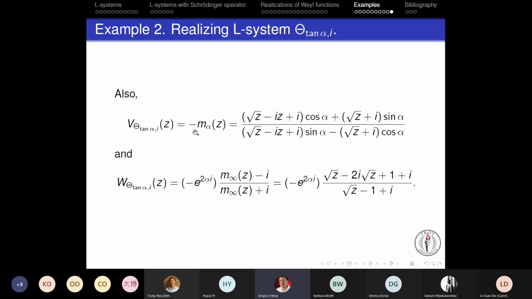Impedance is this. Well, that's what we're realizing. And here is the formula for the transfer function. It has an interesting connection to M infinity right here. So you have a unimodular factor up front, negative e to the 2 alpha, but it describes them all.